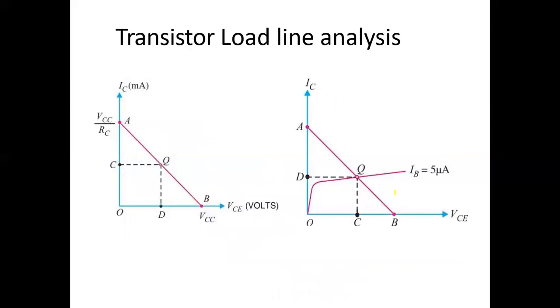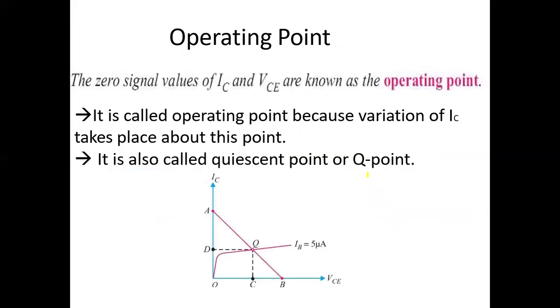In load line analysis, look at this curve, where Q is the Q point, which is the active transistor mode. With the increase of voltage, current will decrease. We have an intersecting point that is called the Q point, also known as the operating point.